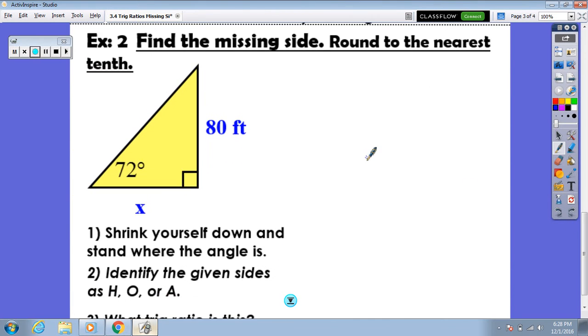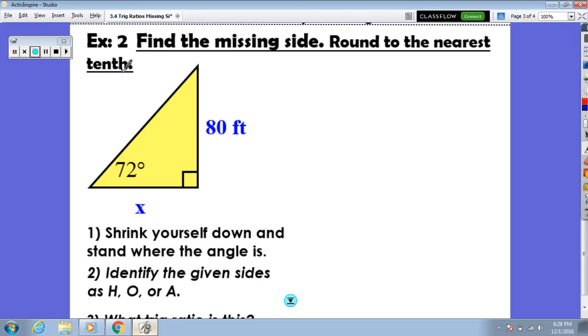Once again, we're finding the missing side and they want me to round to the tenth place. So I get to keep one place behind the decimal. That's what the tenth place means. Alright, so I draw my little stick man by the angle because that's where he goes. He always goes by the angle.